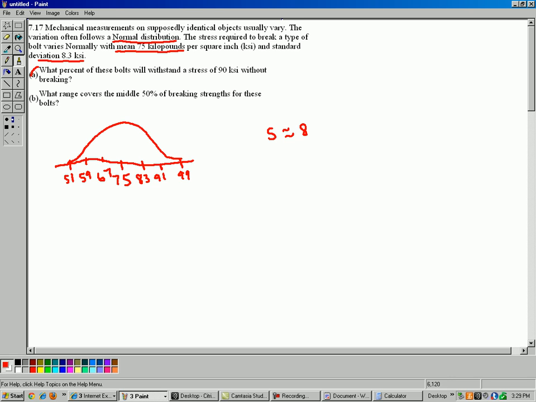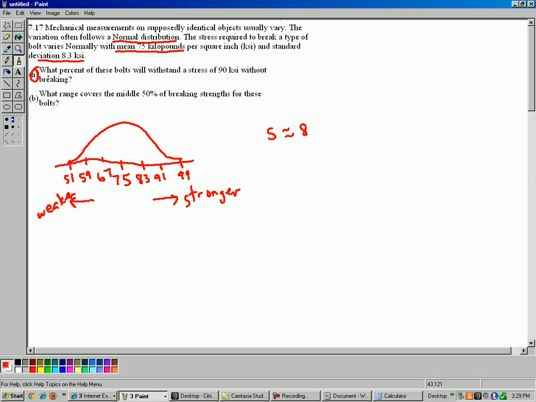Okay, now part A. It says, what percent of these bolts will withstand a stress of 90 KSI without breaking? So first of all, the variable here is the amount of stress required to break a type of bolt. So the more stress it takes to break a bolt, the stronger the bolt is. So these bolts up here in the 90 range, those are the stronger bolts. These bolts down here in the 50s, those are the weaker bolts.